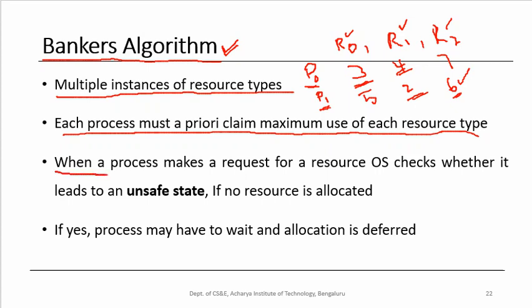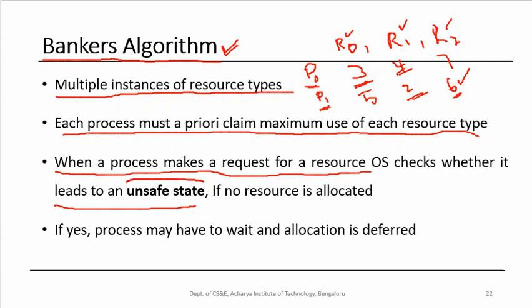Now when the process makes a request for a resource, the OS checks whether it leads to an unsafe state. What is an unsafe state? That we are not going to have a safe sequence if we grant the resource requested by the process.